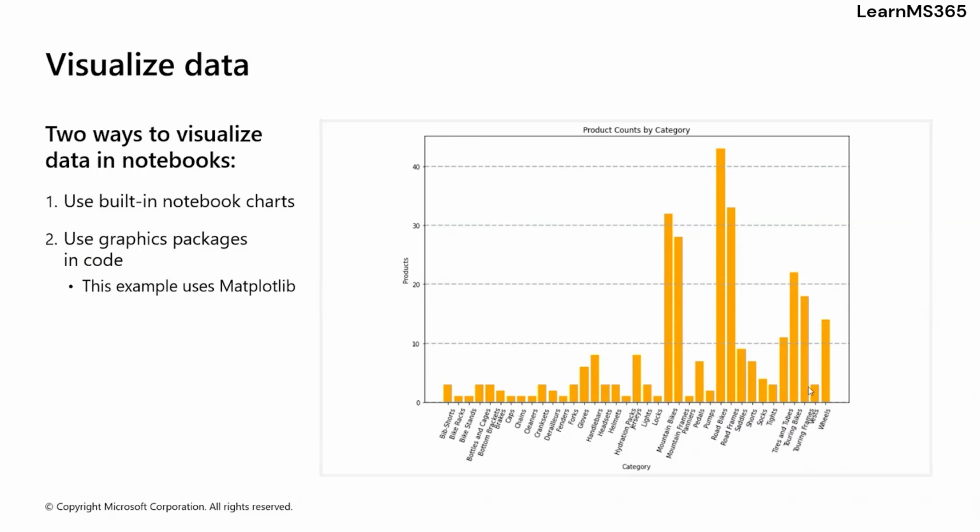The output from a graphics library can be rendered in a notebook, and it makes it easy to combine code to ingest and manipulate data with inline data visualization and markdown cells to provide commentary.